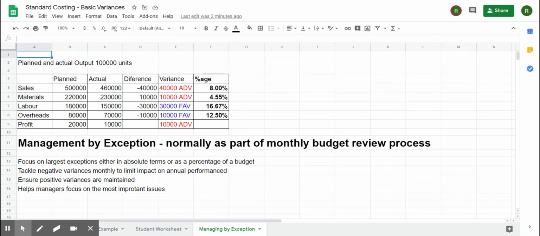And what managers would tend to do is to do something called management by exception. And what we mean by management by exception is we wouldn't look at all the variances.